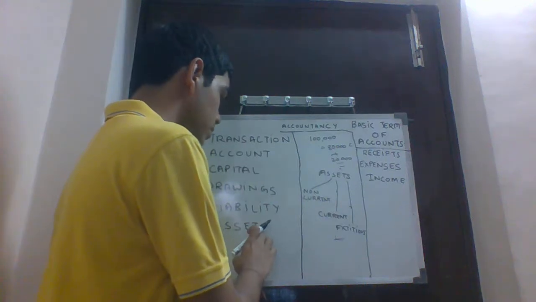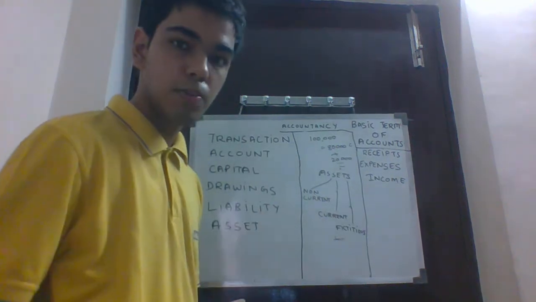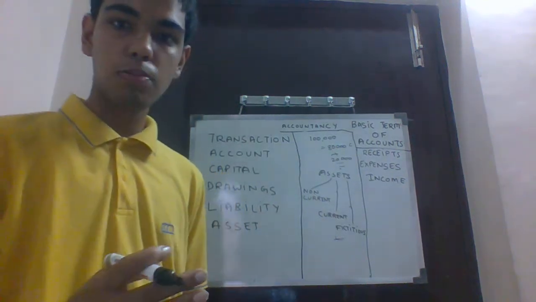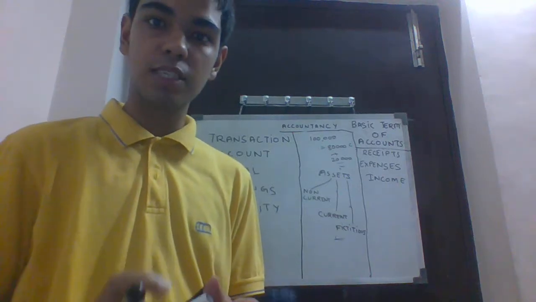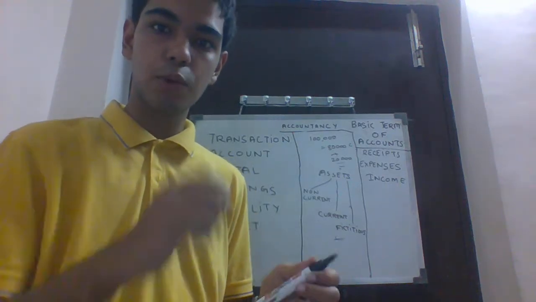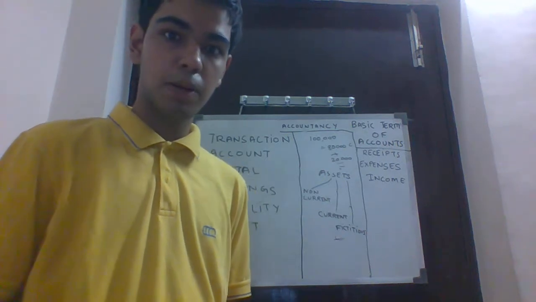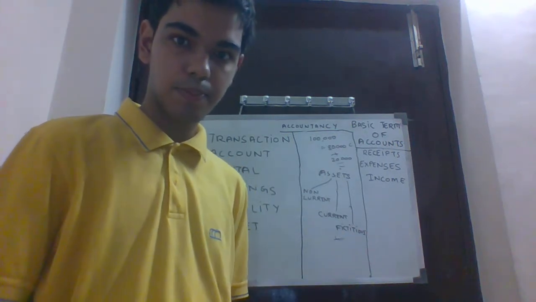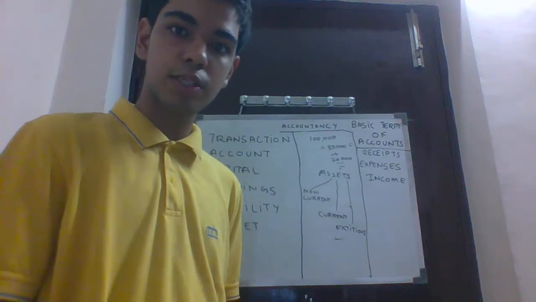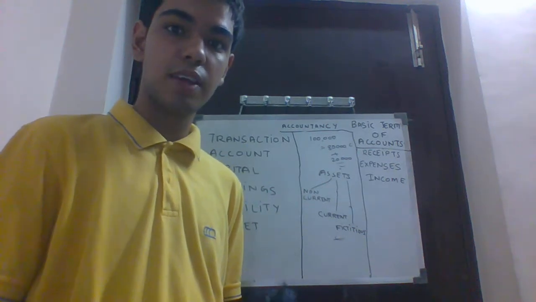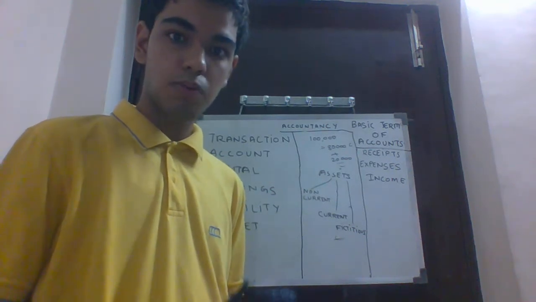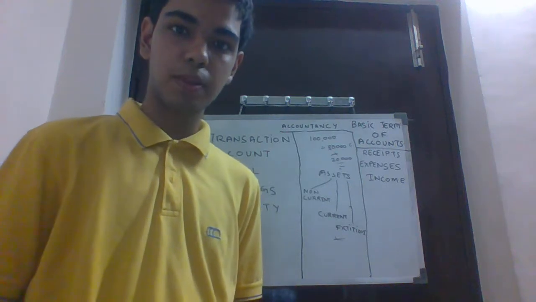Now consider the tangible and intangible assets. Tangible assets are those which can be physically touched. For example, कंप्यूटर को हम फिजिकली टच कर सकते हैं, मशीनरी को हम फिजिकली टच कर सकते हैं. Land is also considered a tangible asset. We can touch the land as well. But what are the intangible assets?